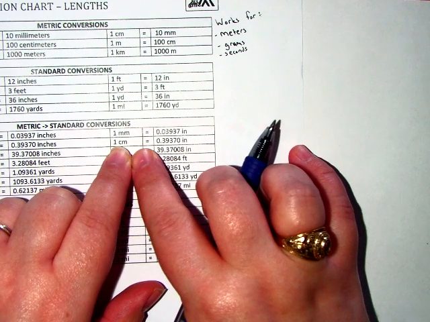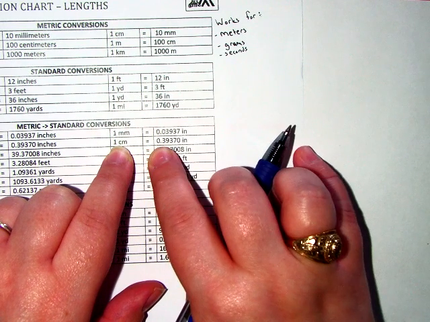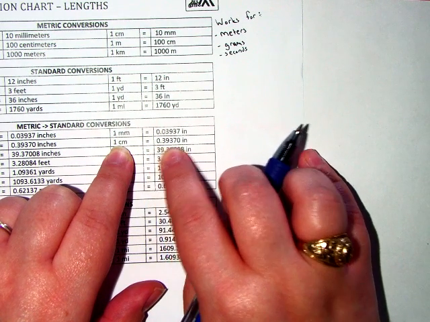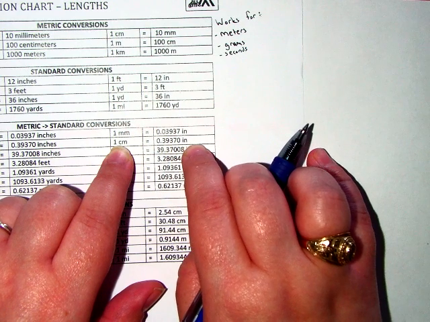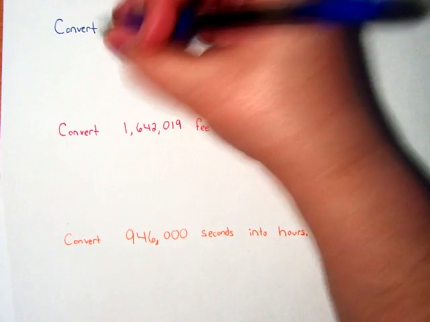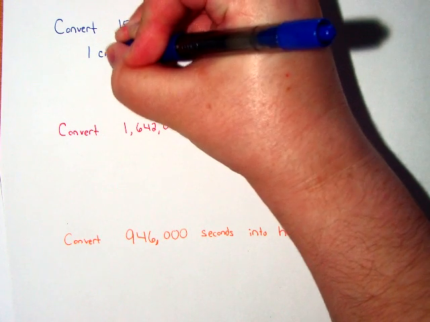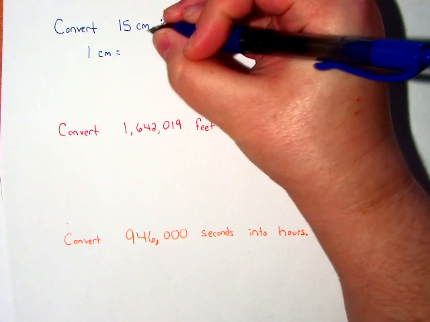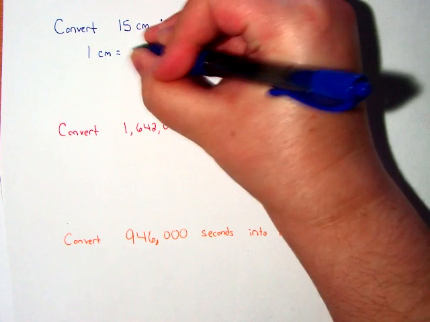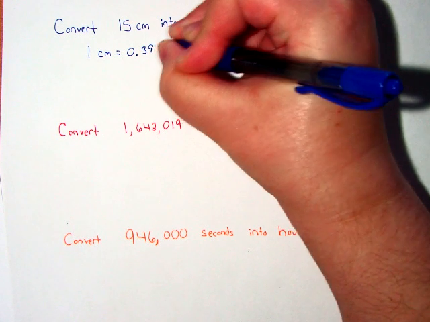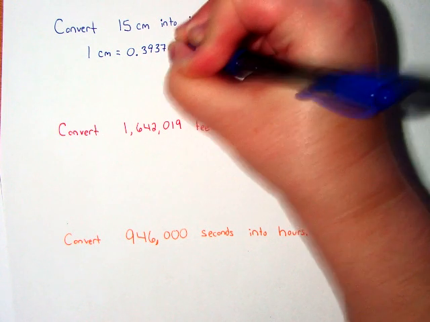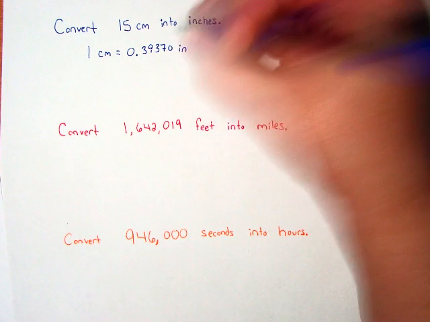I see that 1 centimeter is equal to 0.39370 inches.